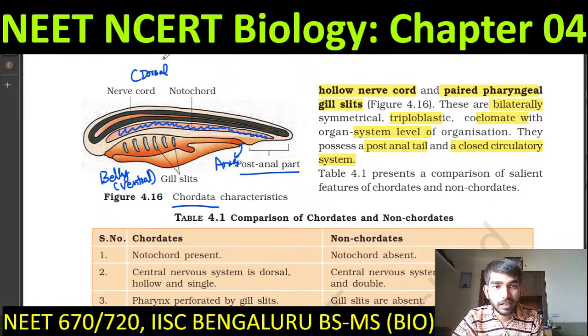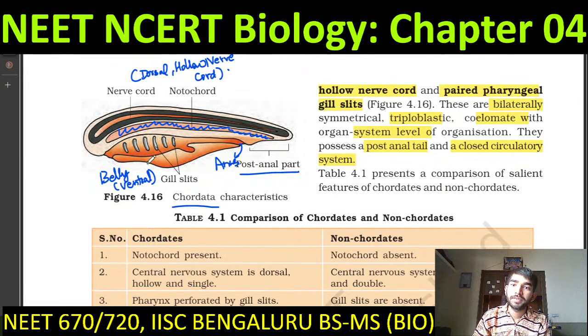This is the dorsal side, which has a hollow nerve cord. Hollow nerve cord is present on the dorsal side, and then there are these gill slits present in the pharynx region. That is why they are called pharyngeal gill slits.